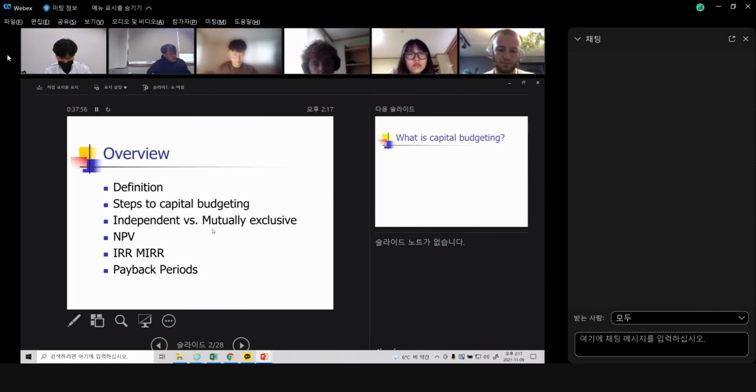Thus, the capital budget is a summary of planned investments in long-term assets. And capital budgeting is the whole process of analyzing projects and deciding which ones to include in the capital budget. So in one word, capital budgeting is an investment decision with a huge amount and a long term, right?